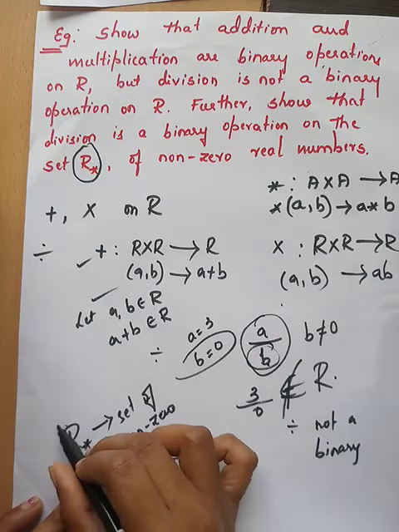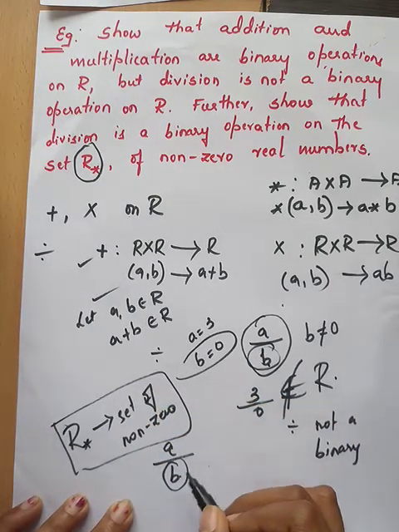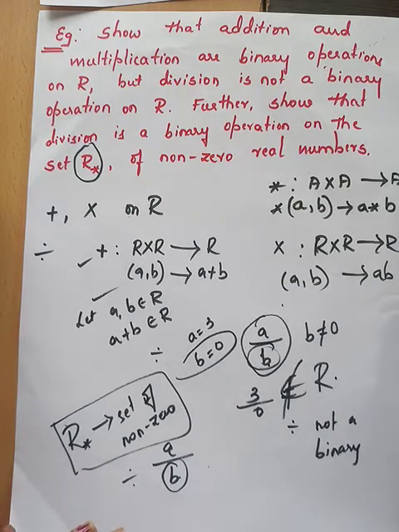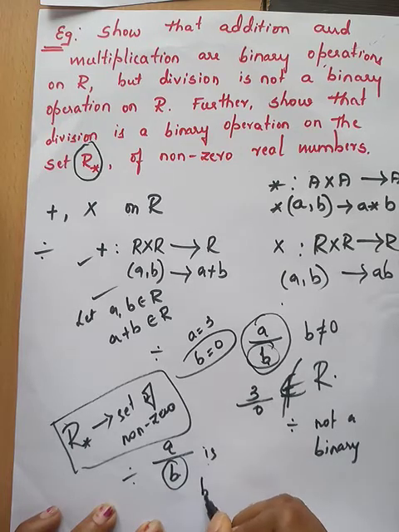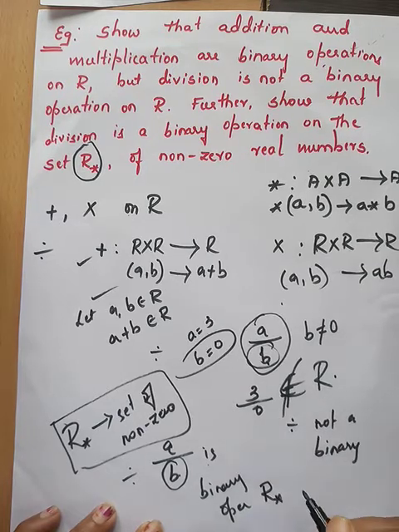Here we don't have a chance to take 0 as our denominator, which means division is a binary operation. That is, when you divide two numbers from the set of non-zero real numbers, you'll get back a non-zero real number. So division is a binary operation on the set of non-zero real numbers.